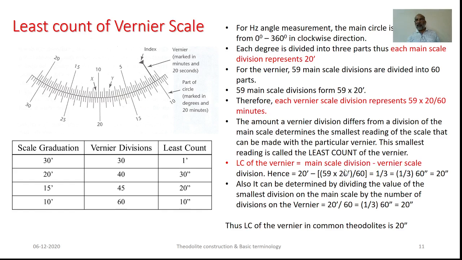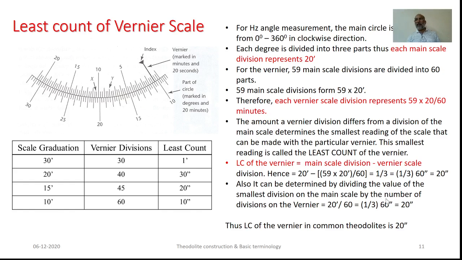Hence, main scale division is 20 minutes, whereas vernier scale division is 59 into 20 minutes divided by 60. As such, what we get is nothing but 1/3 minute. As we convert it into seconds, the least count appears to be 20 seconds, which is applicable for this particular case.